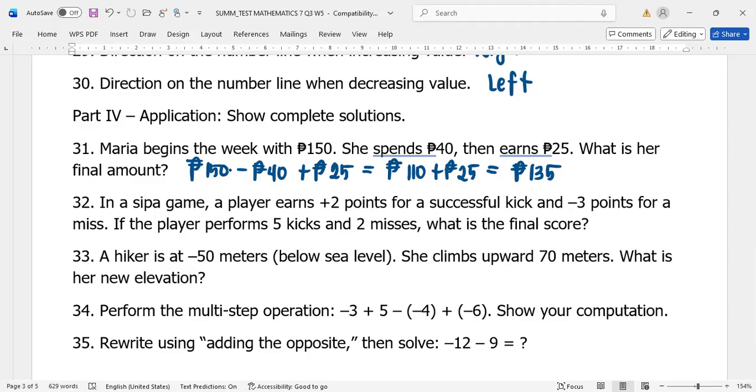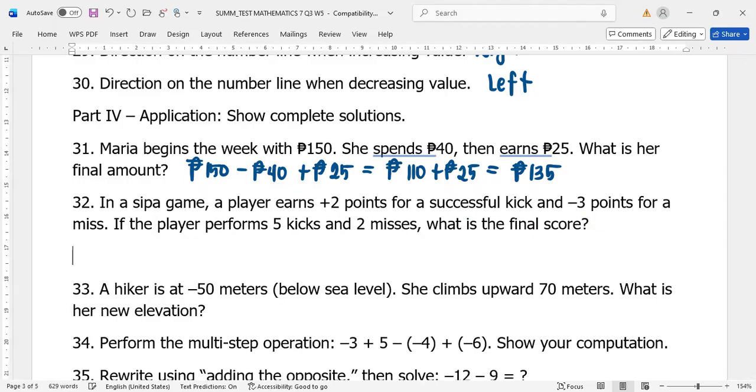Next, in a game, a player earns positive 2 points for a successful kick and negative 3 points for a miss. If the player performs 5 kicks and 2 misses, what is the final score? Okay, so it means the 3 kicks that he had are successful and the other 2 are misses.